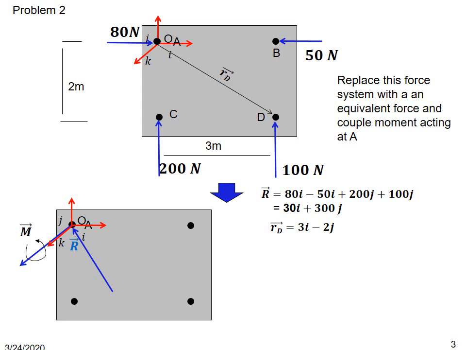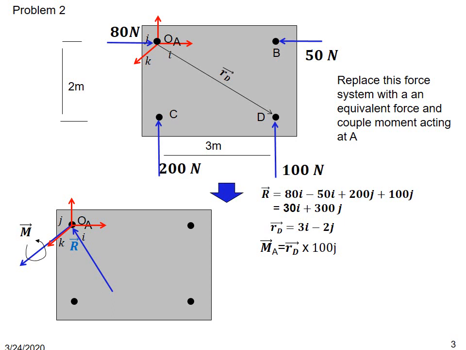Now we know that the moment of a force about a given point is R cross F, and since 80 Newton is acting through A, the moment of that force about O will be 0 because the position vector is 0.